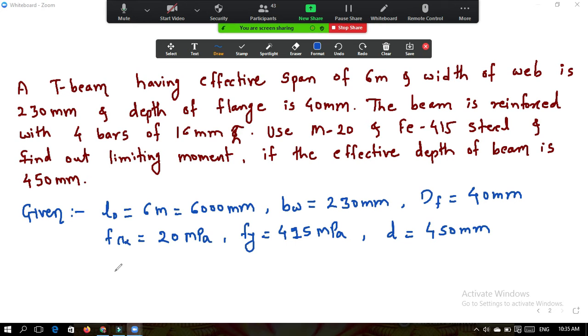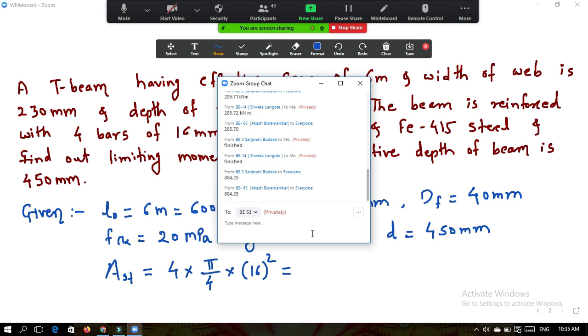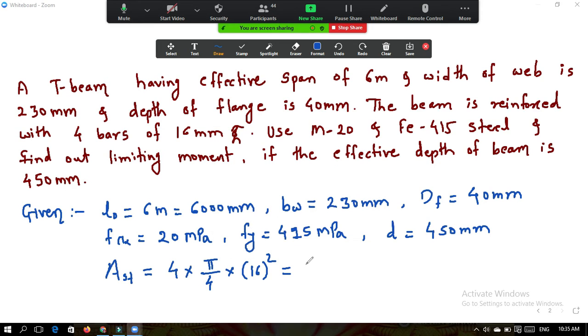Then area of steel is given to you, AST, which is equal to 4 into pi by 4 into 16 square. What is the value of AST? 804.25 mm square. This is the value of AST. So we finished up to this point, then we will move to the next.